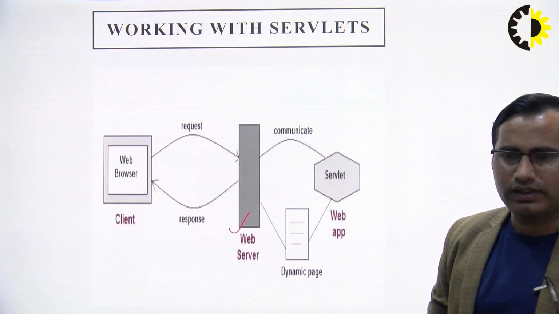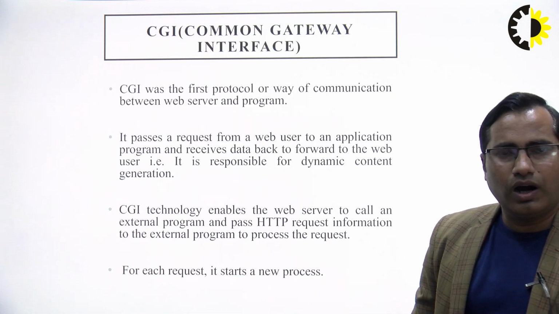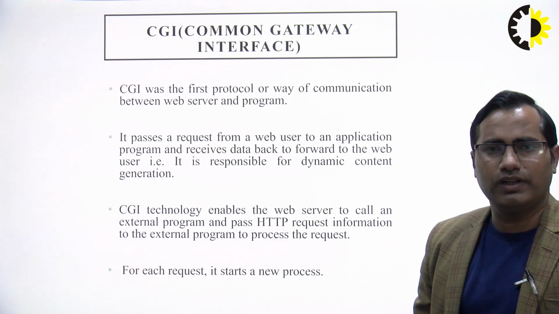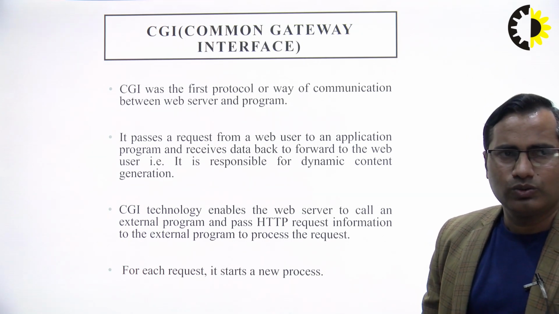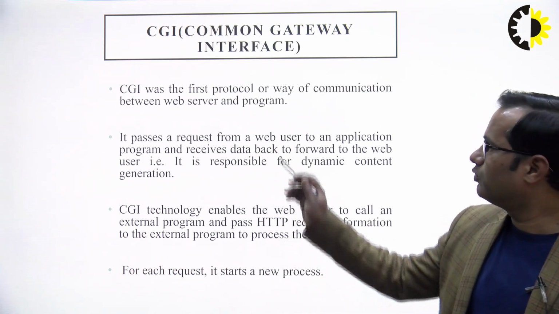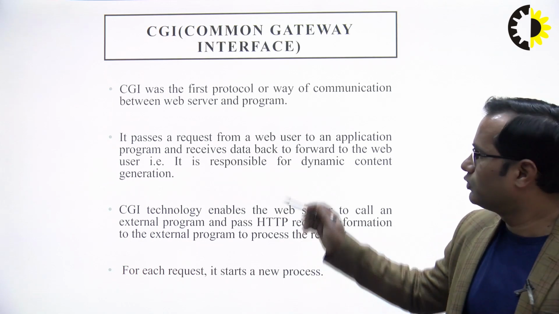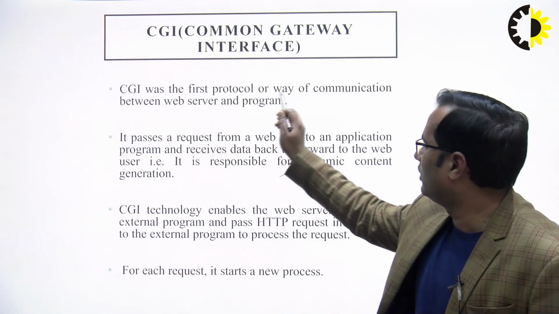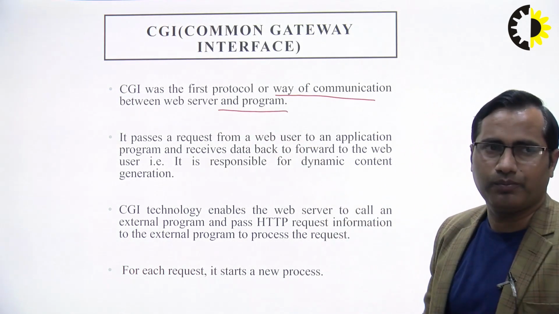So how does the servlet work, and before servlets, how were we able to handle these server side extensions? We usually used CGI, Common Gateway Interface. CGI was the first protocol or way of communication between the web server and a program.